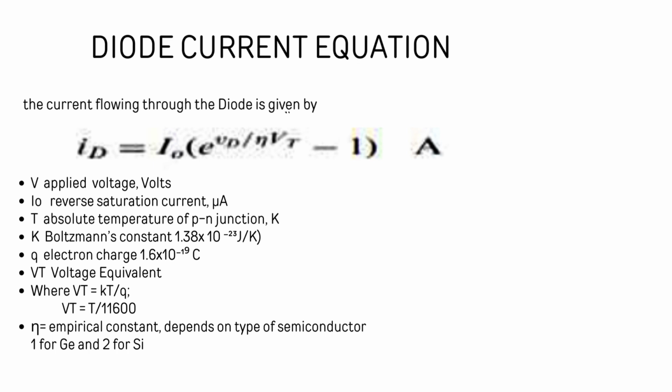Q is the electric charge, 1.6 times 10 to the power minus 19 coulombs. V_T is the thermal voltage or voltage equivalent, which equals KT by Q.